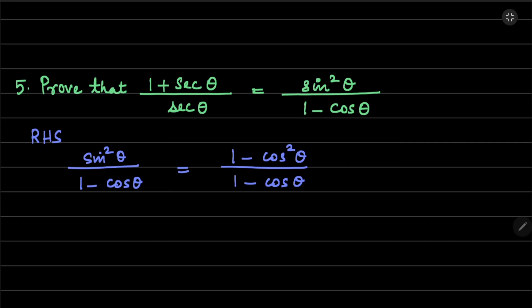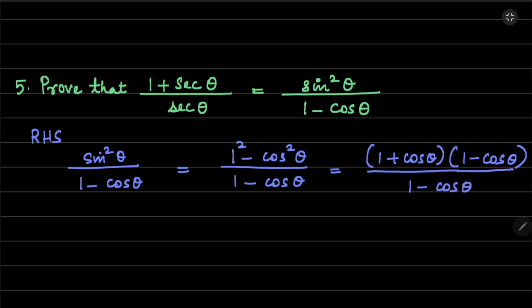So in the numerator, this is nothing but a square minus b square, which you can write as 1 plus cos theta multiplied by 1 minus cos theta, whole divided by 1 minus cos theta. Okay, so 1 minus cos will get cancelled. What is left with us is only 1 plus cos theta, right?